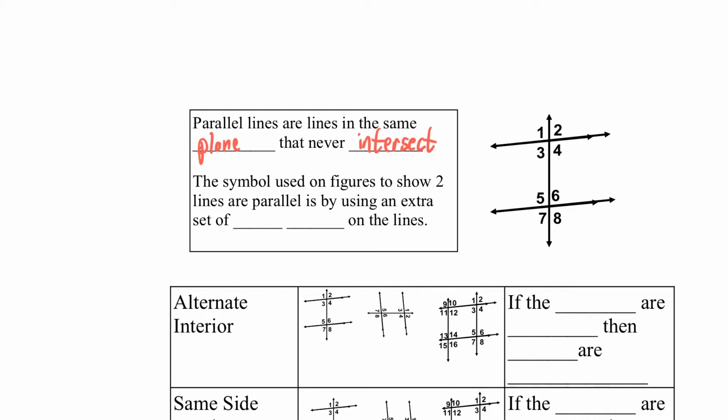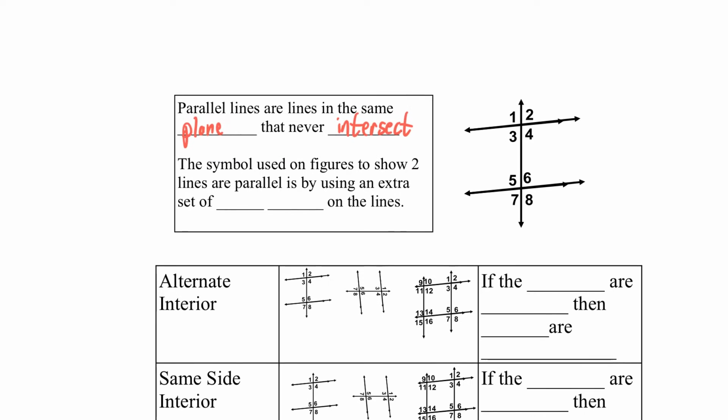Okay, the symbols used on figures to show two lines are parallel is by using an extra set of blank on the lines. How do you show two lines are parallel? Use an extra set of what? Arrows. Okay, good, arrowheads. Like that right there, that right there. When you see that extra set of arrowheads, that indicates those two lines are parallel.